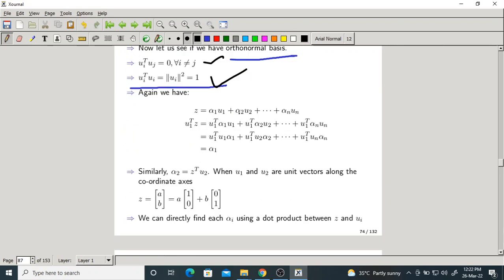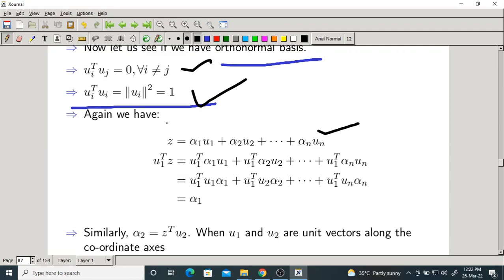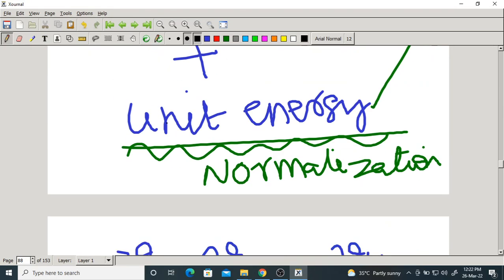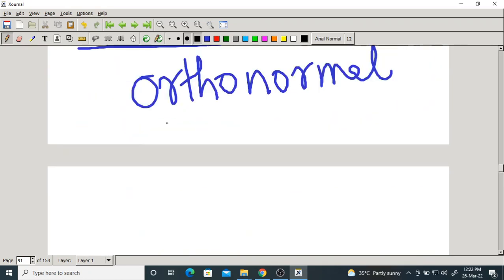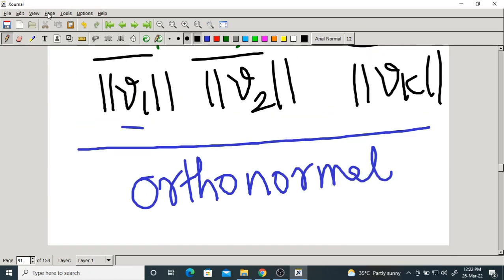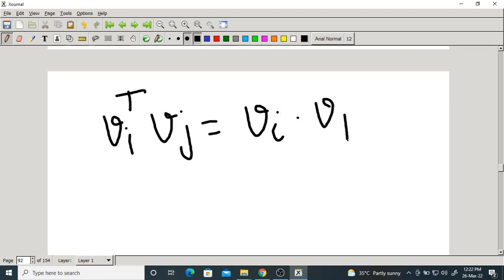Now let us go back to our case. We have Z. This is the definition we have just seen. One more thing I told you in the starting itself: Vi transpose Vj is the same as the dot product Vi dot Vj.